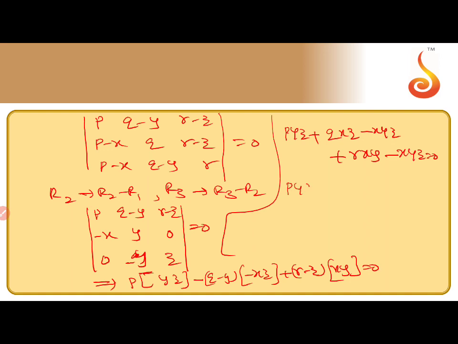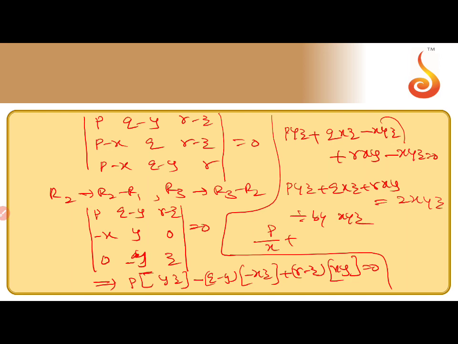Do it slowly. So pyz plus qxz plus rxy equals 2xyz, bringing it to the right side. Divide by xyz on both sides, meaning p/x + q/y + r/z equals 2.